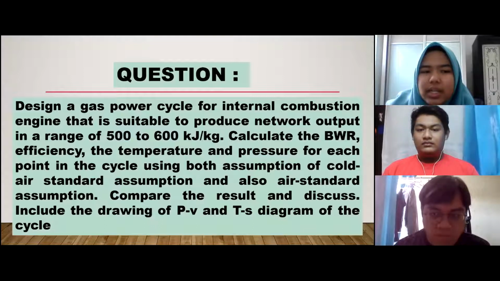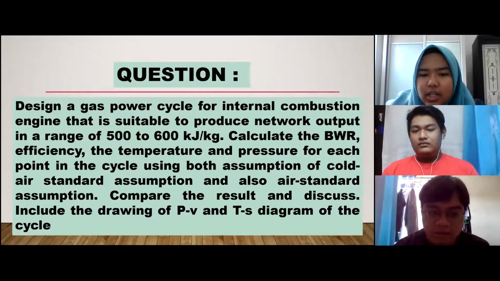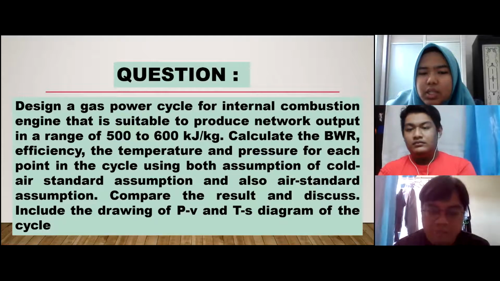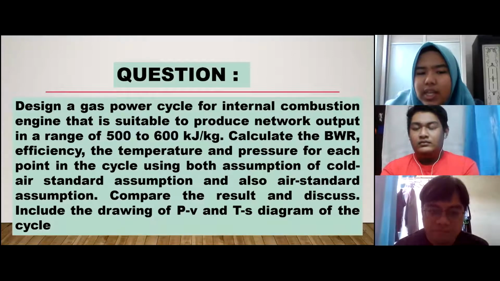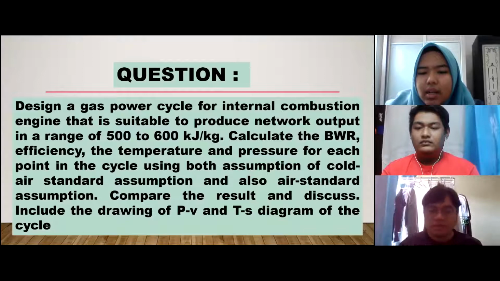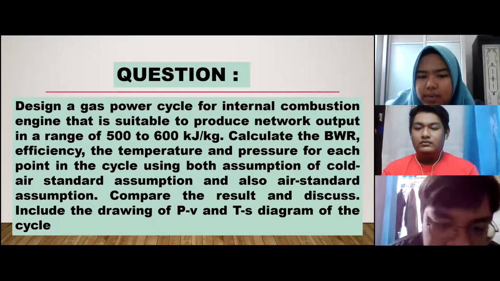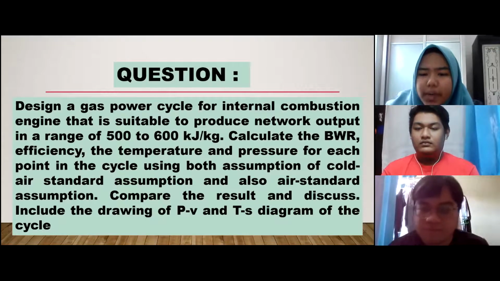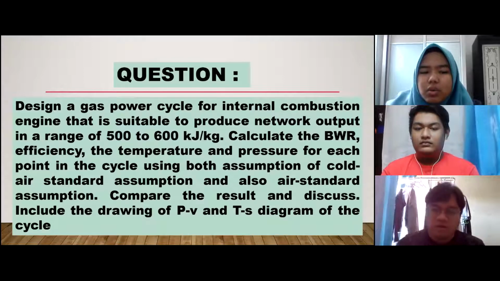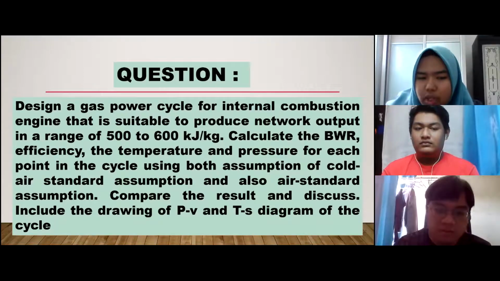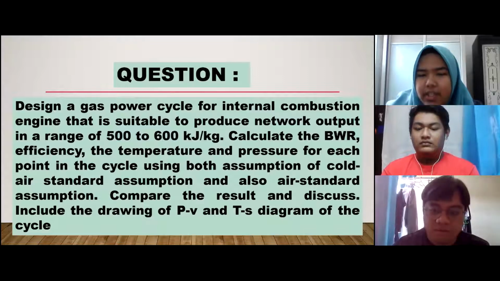So we need to calculate the back work ratio, BWR, the efficiency, and the temperature and pressure for each point in the cycle using both assumptions, which are the cold air standard assumption and the air standard assumption. At the end, we need to compare the results and discuss. We also need to include our drawing of the PV and TS diagram of the cycle.